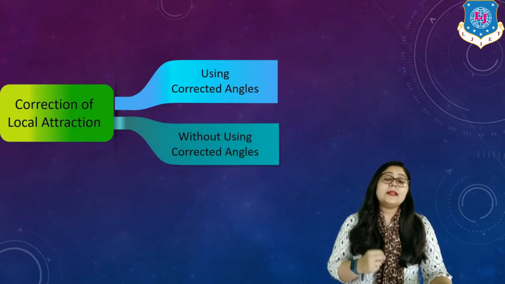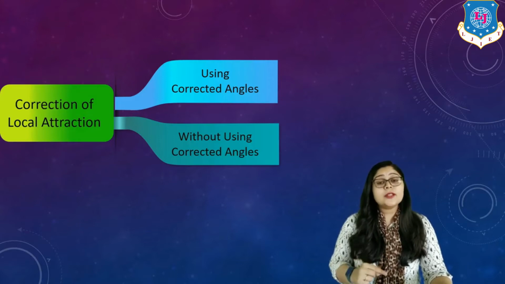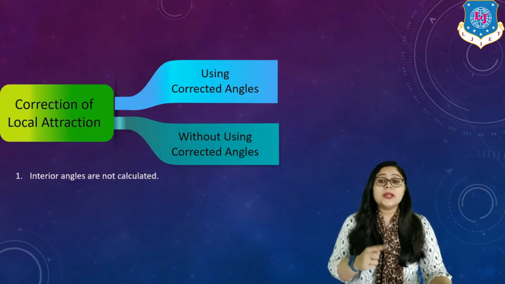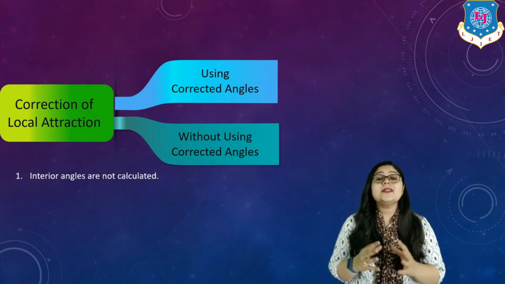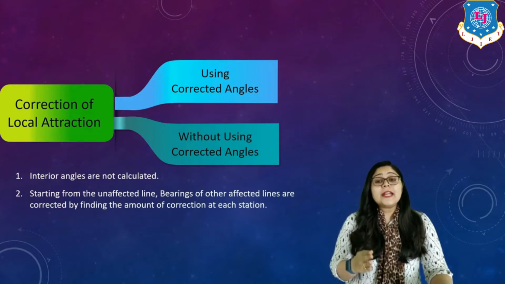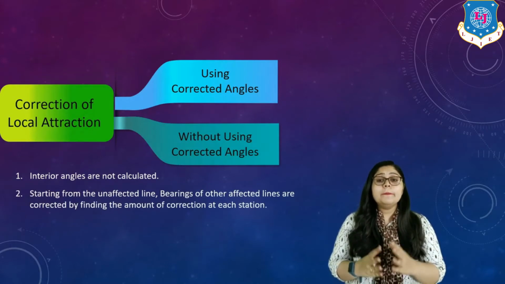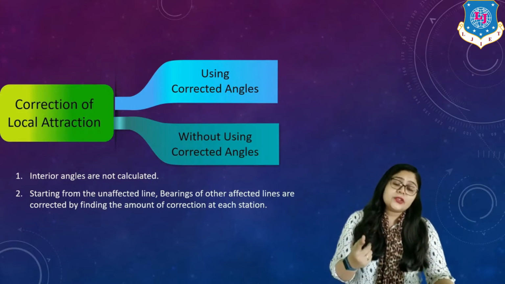The second method is without using corrected angles, and there are different steps. The first is that the interior angles are not calculated. That is the difference between these two methods. Secondly, starting from the unaffected line, the bearings of other affected lines are corrected by finding the amount of correction at each station.